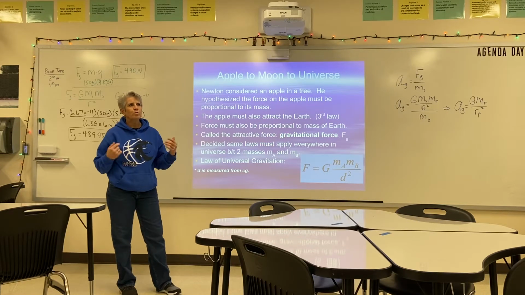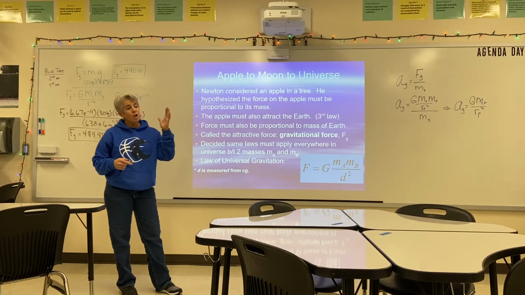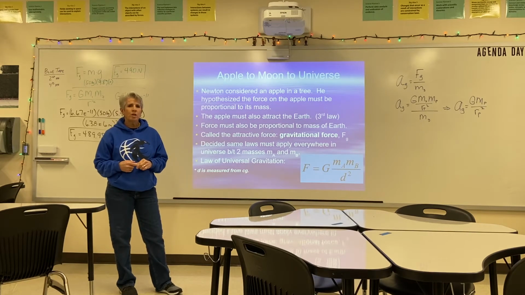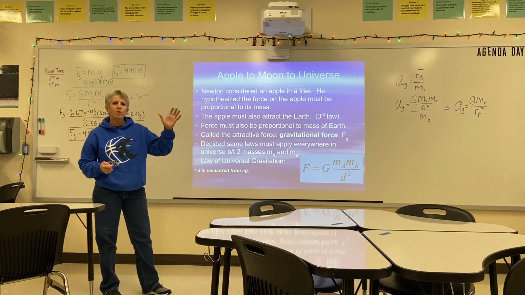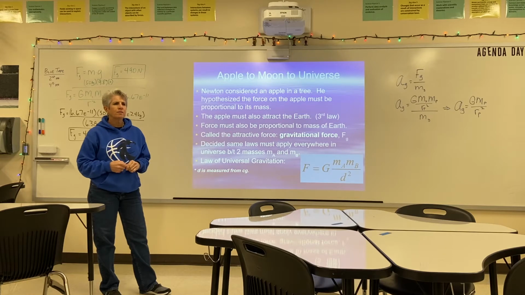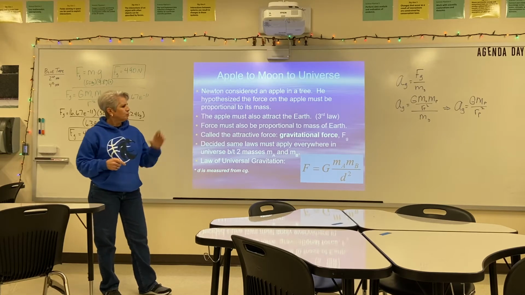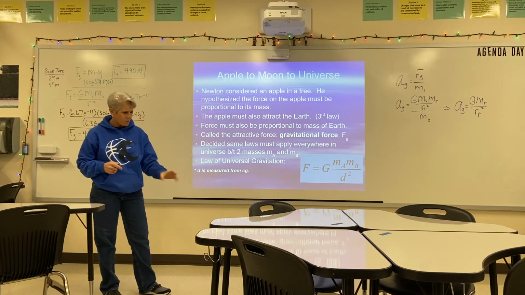But as Newton was taking in his observations about the universe around him, he maybe considered an apple in a tree. And if he saw that apple fall from the tree, he thought, well, perhaps there must be a force on that apple pulling it down. And that force on the apple is probably proportional to the mass of the apple.